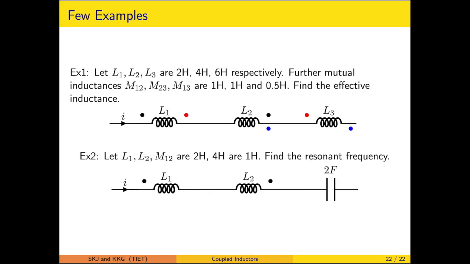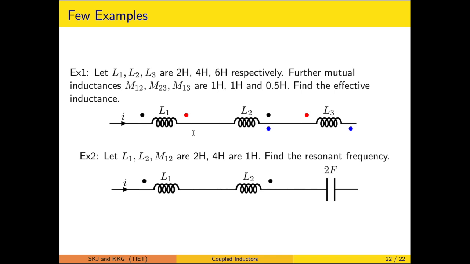An example: three inductors are having inductance of 2H, 4H and 6H respectively. The mutual inductances M12, M23 and M13 are specified as 1H, 1H and 0.5H. We have to find the effective inductance. So the standard procedure is they are connected in series.